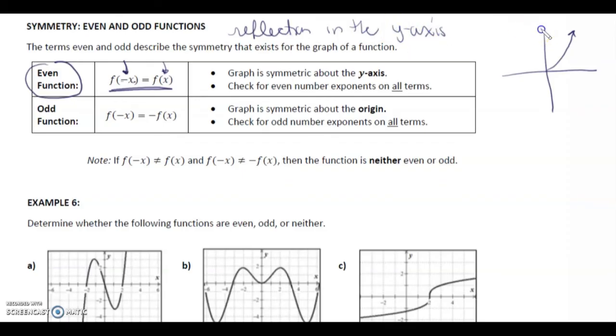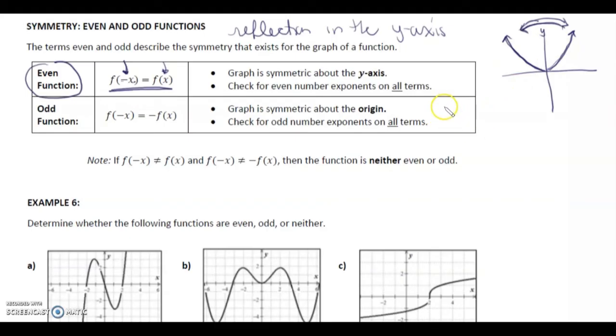So since this is the y-axis, we should be able to take the equation for this function, like the whole parabola, and reflect it in the y-axis, and then this part of the parabola reflect that in the y-axis, which would go over there, and it should be symmetric.